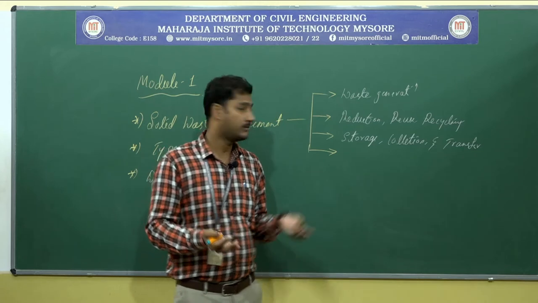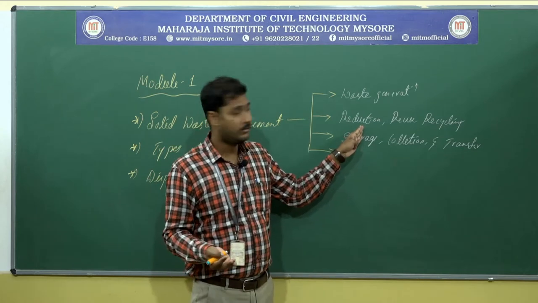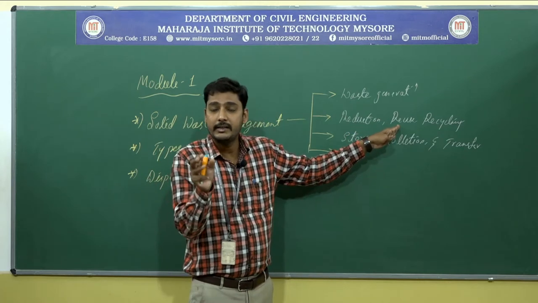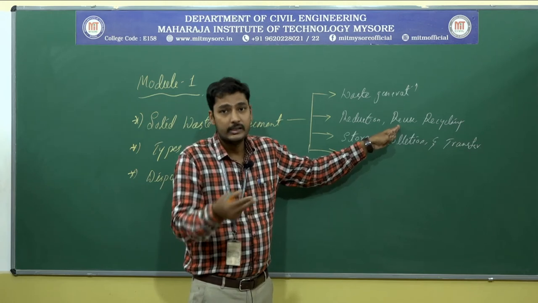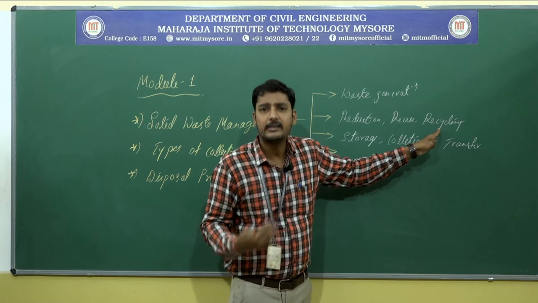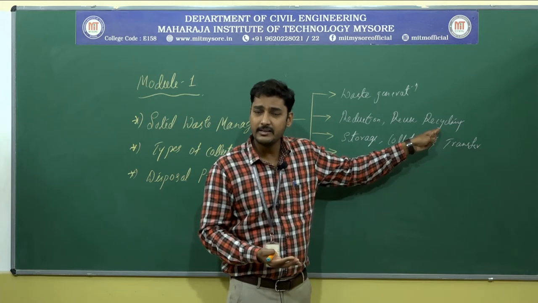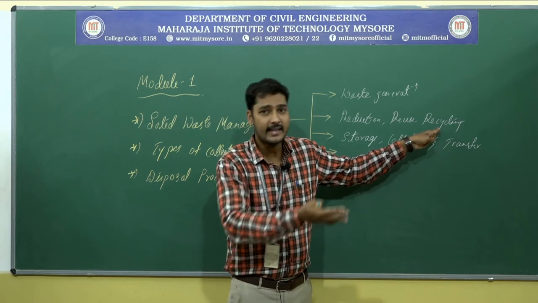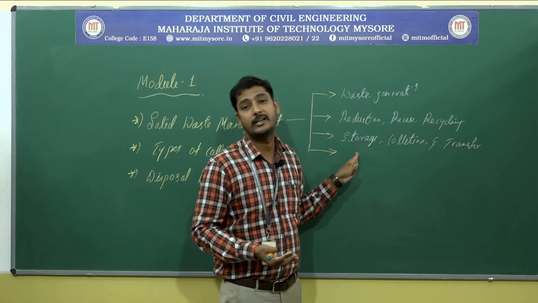If your answer is yes, of course you can reduce it by 5%, not a problem. Is there any particular point that can be reused? If your answer is yes, let us reuse it. If not, nothing to worry. Is there any chance of recycling that entire waste? If your answer is yes, let's recycle it. If not, it goes to the third stage.